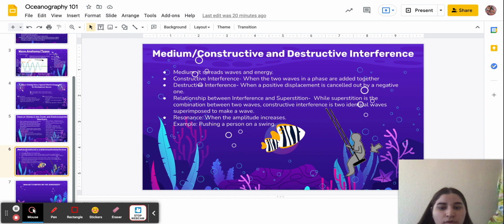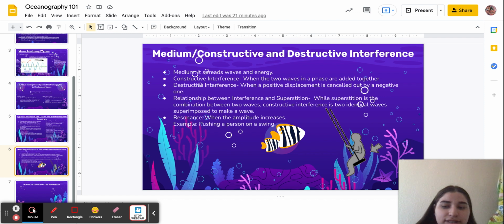And superposition is more like the combination of two, while constructive interference is more like adding to. So the relationship is that they're both kind of adding and creating a new one, except constructive interference makes a new one from those two that were added together, if that makes sense.